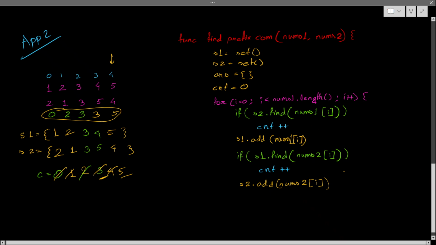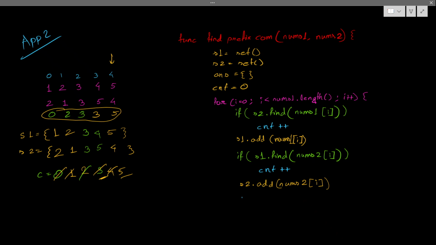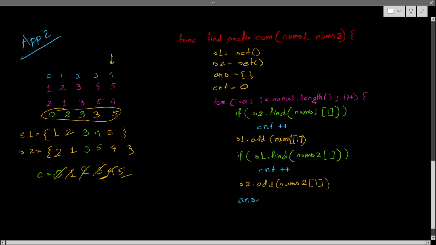After that, what I have to do? This count is my current answer. At this index position, this count is the correct answer. So I have to add that into the answer. So answer.add my current count, correct?